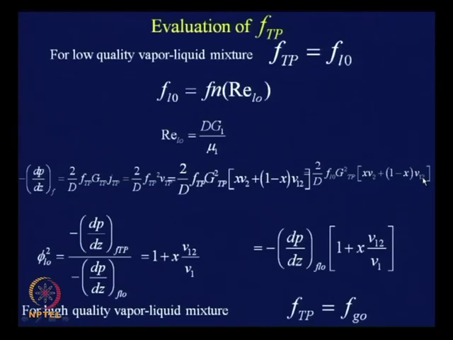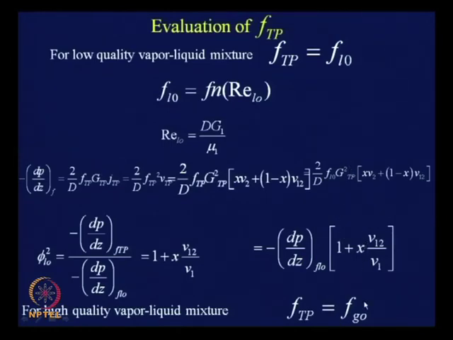This is one particular thing that we can do. If we have a very high quality vapor liquid mixture, for that situation we can write FTP equals F gas only. So high quality and low quality can be two circumstances. For most of the cases, it is neither a very high quality mixture nor a very low quality mixture; both can be in comparable amounts.